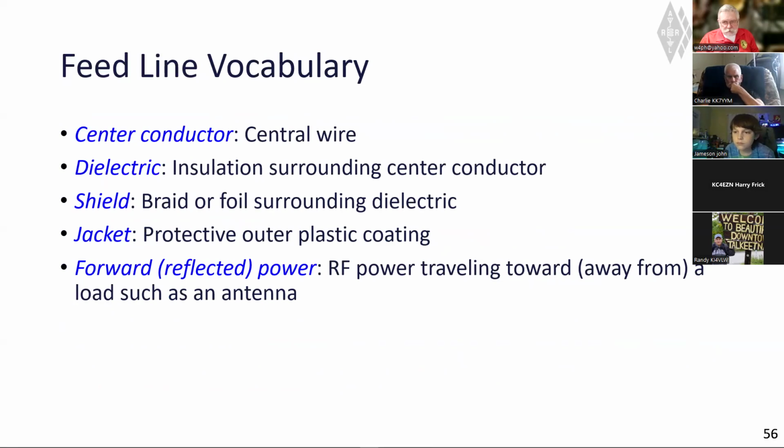Dielectric, insulation surrounding a center conductor. Shield, braid or foil surrounding the dielectric. Jacket, protective outer plastic coating. Forward or reflected power, RF power traveling toward or away from a load such as an antenna.